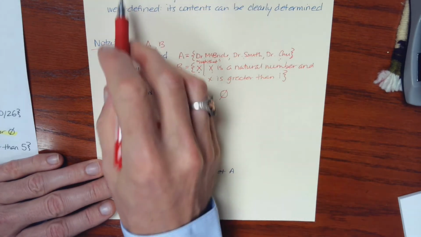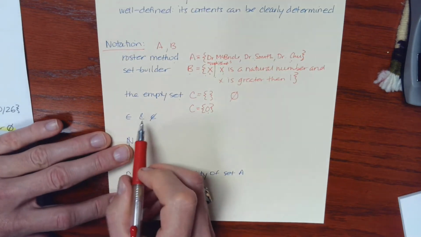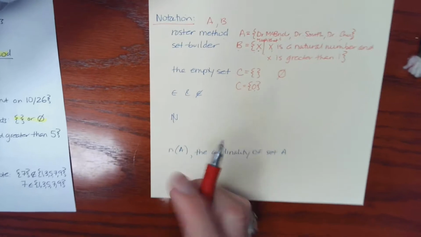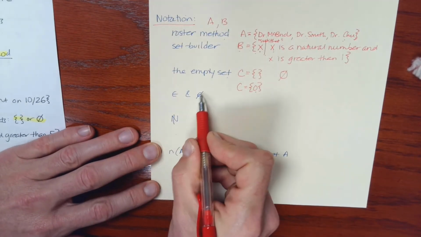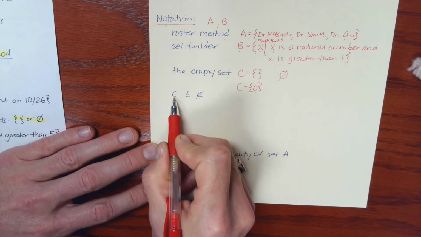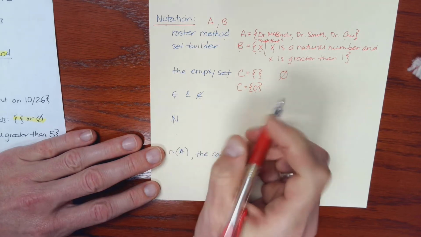Okay, now we said that an element is an object in a set. The next symbols that I want to introduce are these that look like E's. The second one is like an E with a line through it. The first one says "is an element of," and the second symbol says "is not an element of."